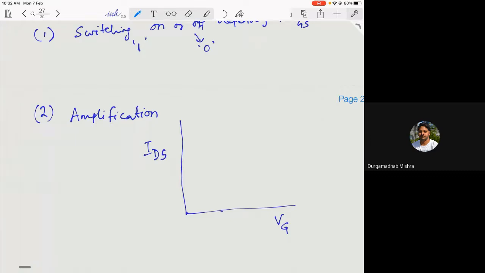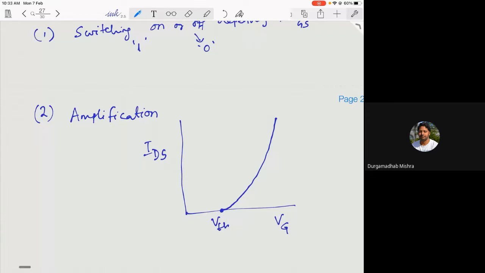So now the curve would be looking like this, where this is your threshold. So below threshold there is no saturation current, but if you increase the VG, you can get an amplification and higher drain to source current.